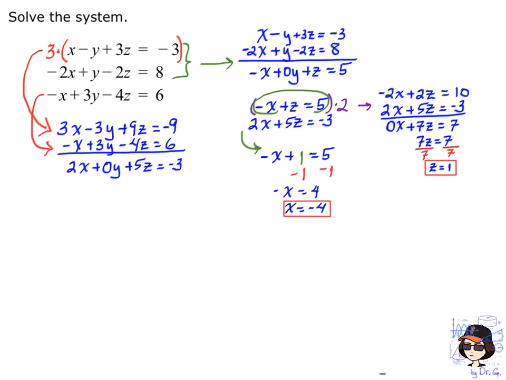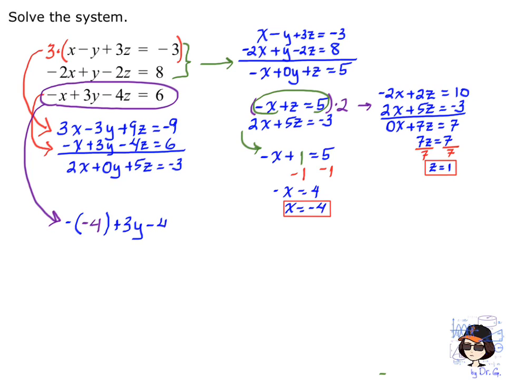I go all the way back to the original three equations, and I just have to choose one of them. It doesn't matter which one. I'm going to take the third one, and I plug in negative 4 for x and 1 for z. Let me rewrite that.